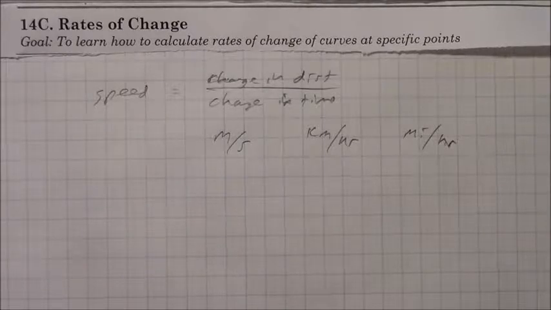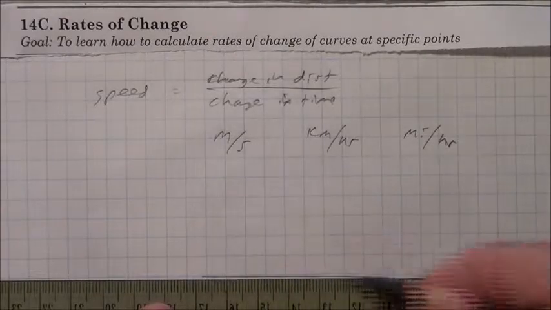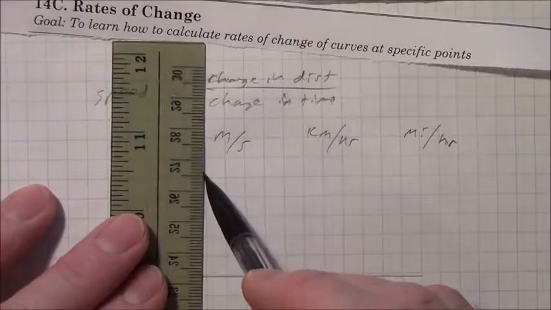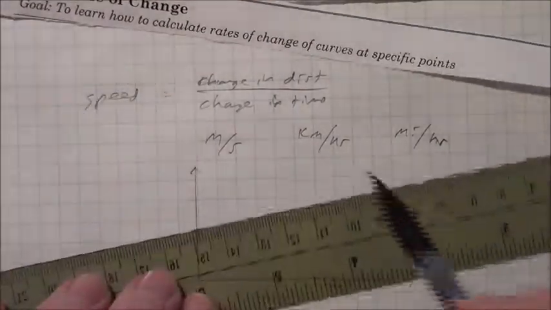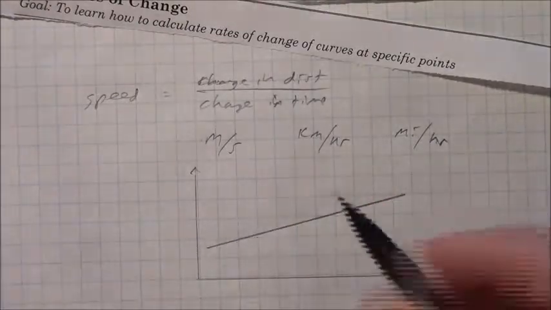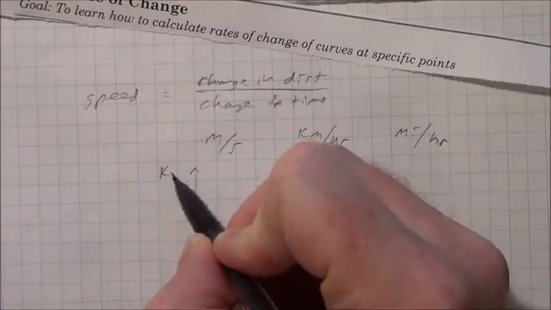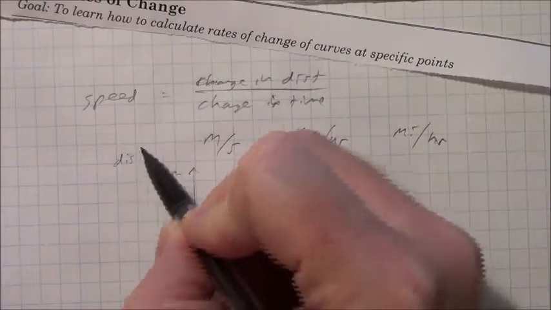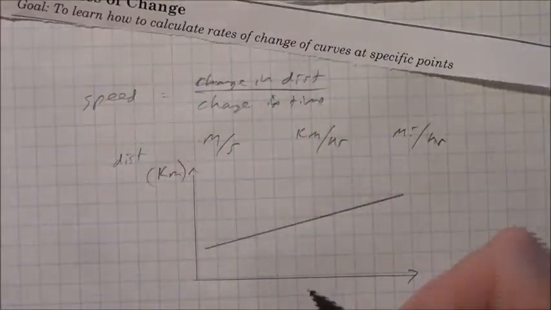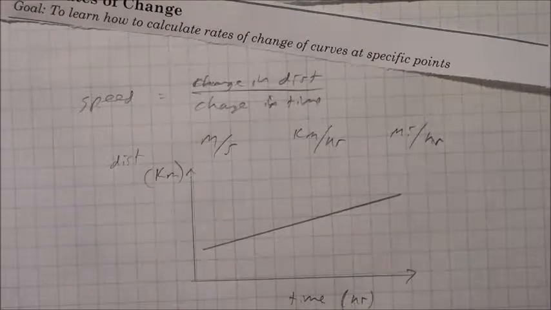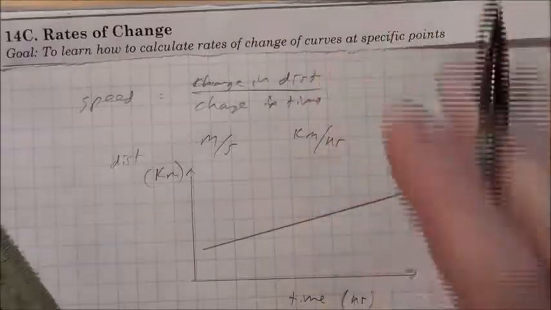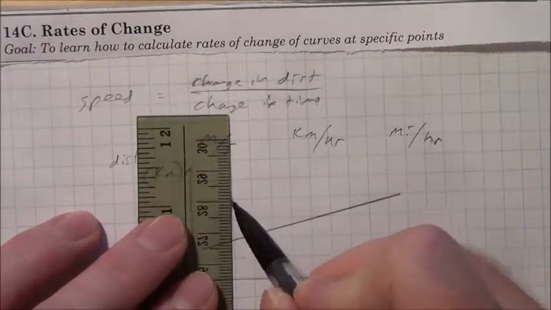Now that's all fine and good if we're talking about a linear graph. We can do that fairly easily. If it's linear, then this is the distance in kilometers, and this is the time in hours, for example. We could then look at the change in distance.